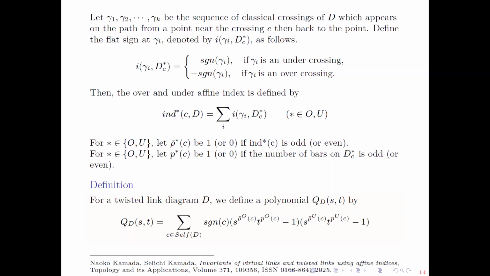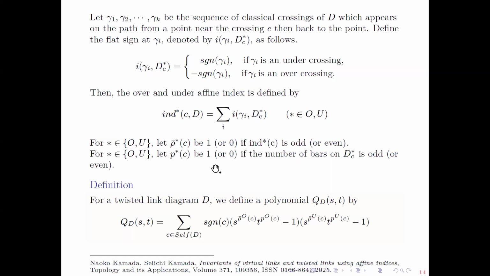You can use another method to compute this index, and you will have the same value. For every component you can do this. The first value is rho bar star C. This is 1 if the index is odd, and 0 if the index is even. So this rho captures that data. And the other term is P star, which captures the bar data.